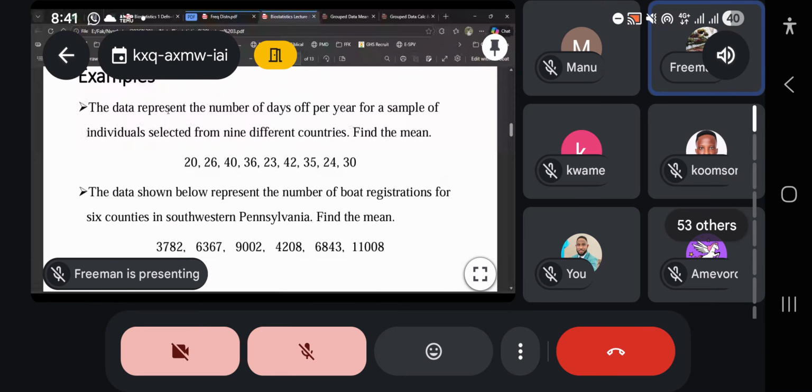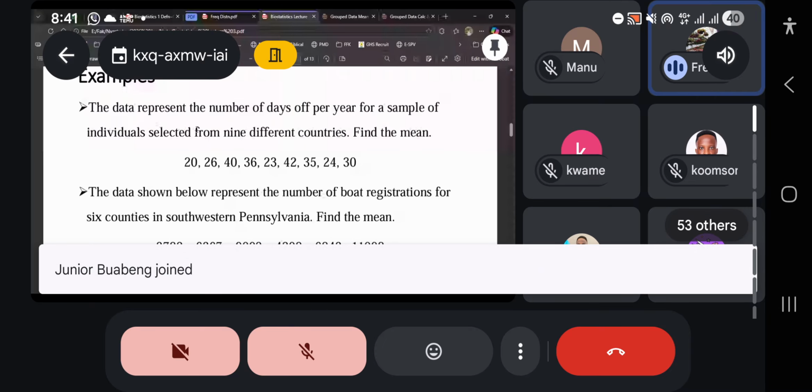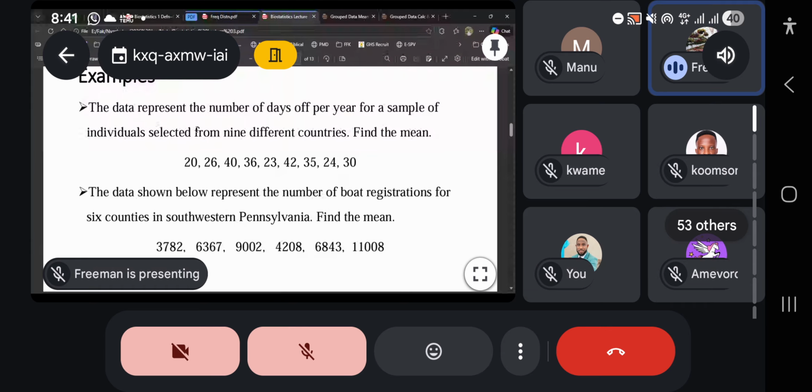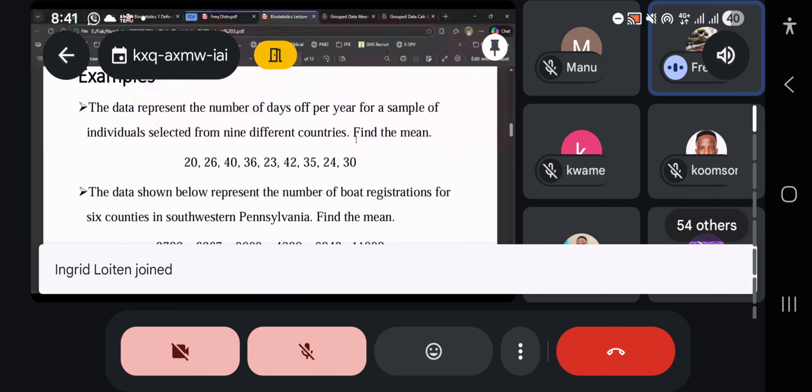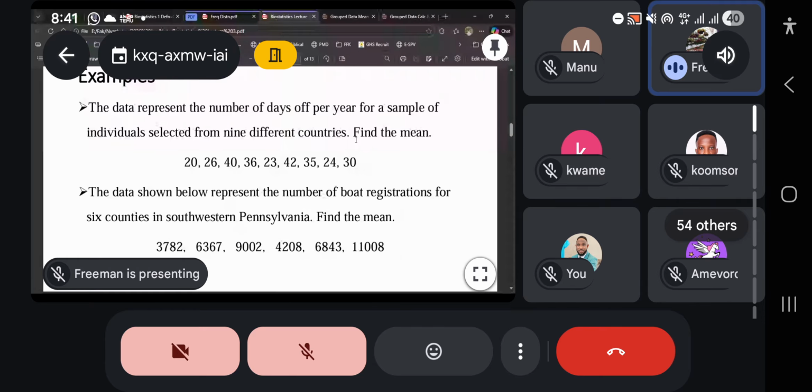Example: the data represent the number of days off per year for a sample of individuals selected from 9 different countries. Find the mean. So we have 20, 26, 40, 36, 23, 42, 35, 24, and 30.